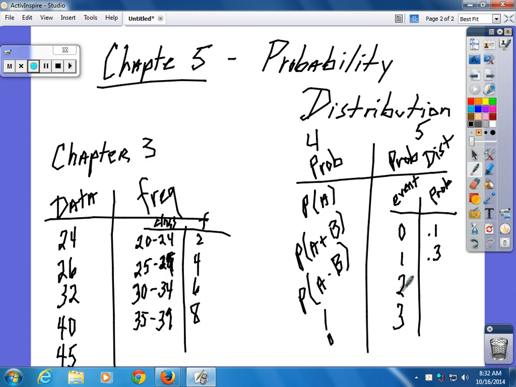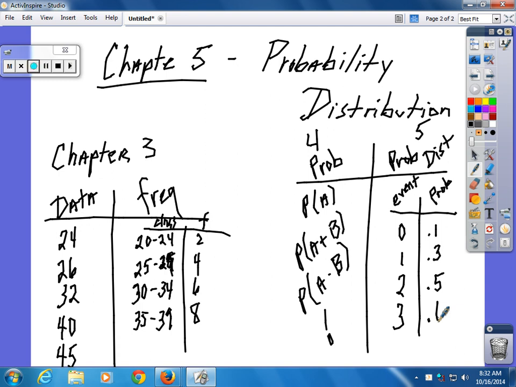The probability of 2 events happening is 0.5. And the probability of 3 events happening is 0.1. Okay, we're going to do some examples and you'll understand what this means a whole lot better than me just throwing it up on the board.